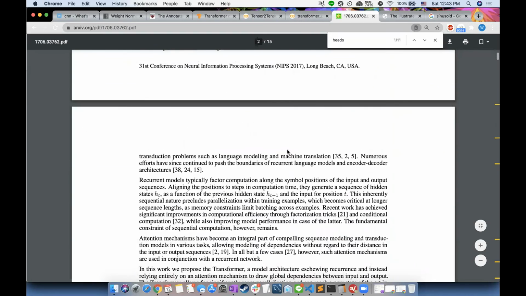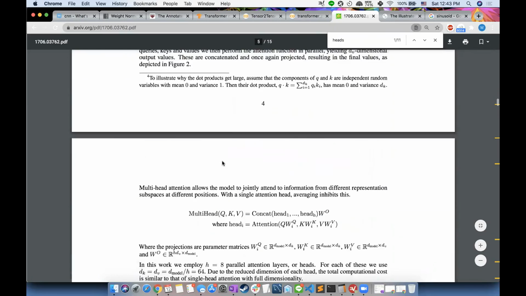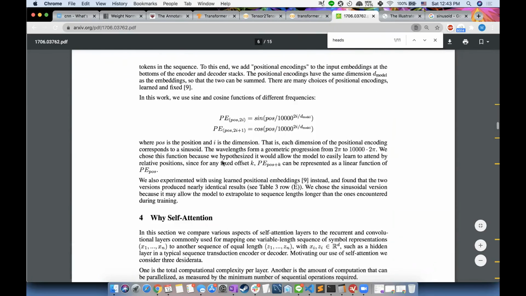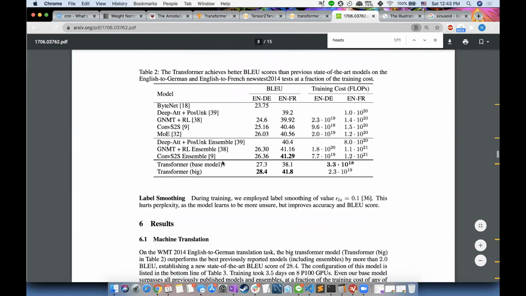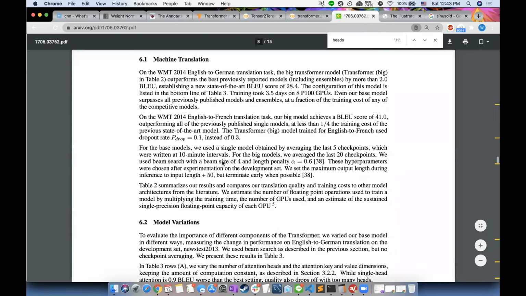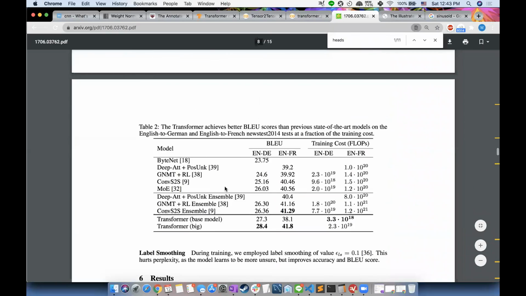We won't read through everything. We'll probably go through some important parts till page 8, till the results.